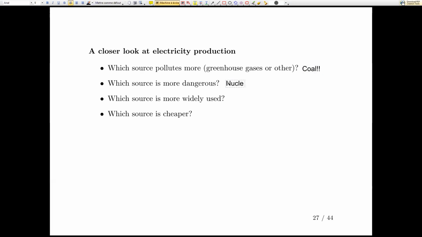Nuclear. So what do you mean by dangerous? Yeah, risk. And do you have an accident in mind? Yes. So was it the worst accident for electricity production in history?